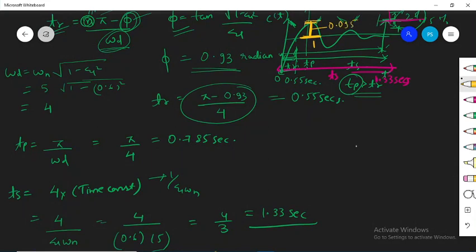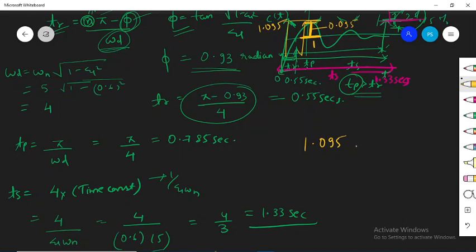Hence the overall maximum value of c(t) is going to be 1.095. This is the overshoot that is coming in the output curve.